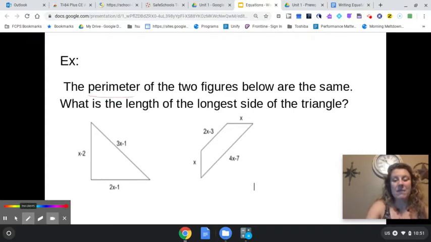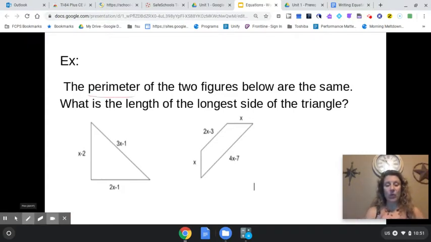Perimeter. It means add up all of the sides or the distance around an object. So we're going to add up all the sides of those two shapes. We know that the perimeters are the same. The same is a keyword for equal. And then we're trying to find the length of the longest side.